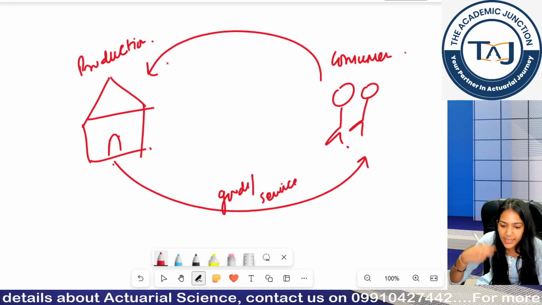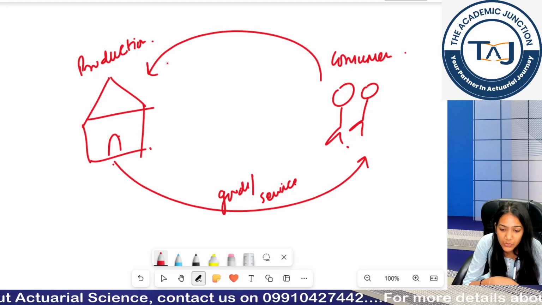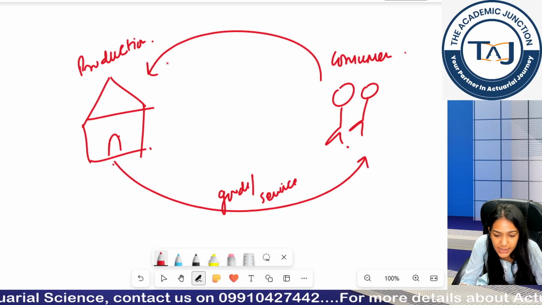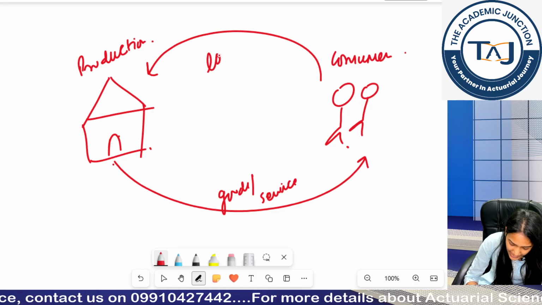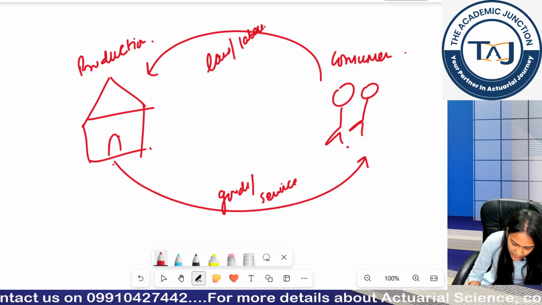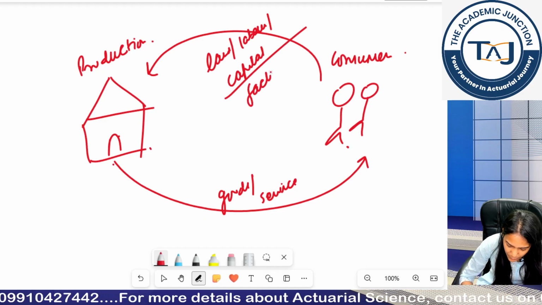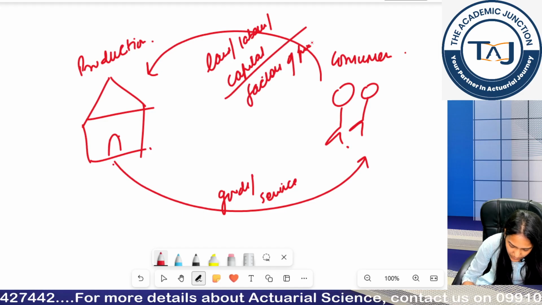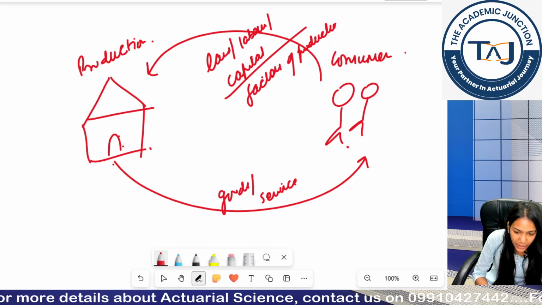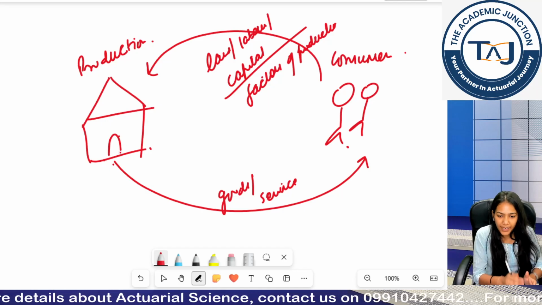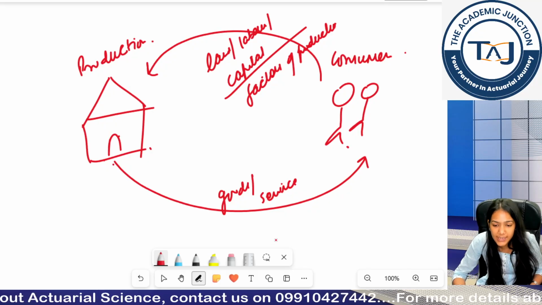What consumers do? They provide their land, labor, capital to the producers, which help them to produce the goods and services. So, basically consumers, what consumers give? Land, labor or capital. So, basically factors of production, and in return of these factors of production, the producer uses these resources and provides them with goods and services.